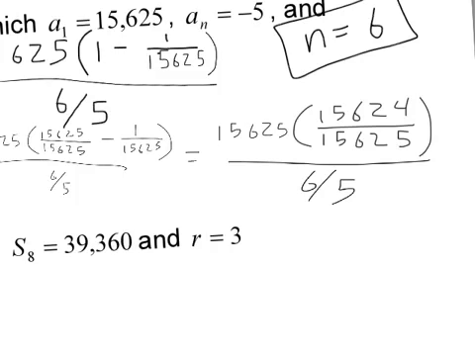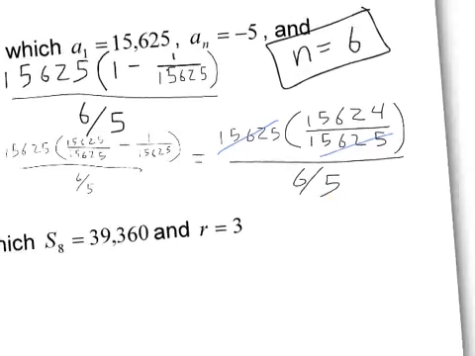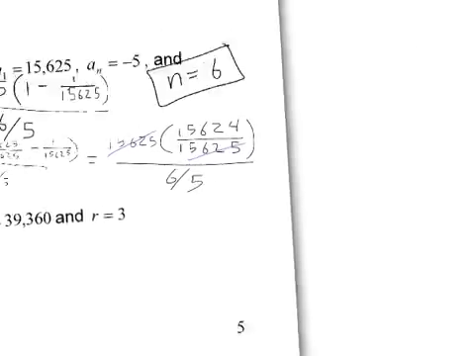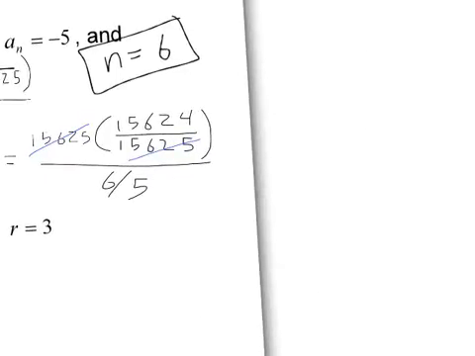Okay, well look, these guys just cancel out. And we have 15624 divided by 6/5. Well, anytime you have a number divided by a fraction, it's the same thing as multiplying by the reciprocal. So we're going to go off to the side here, run out of room. It's a long problem. Should have given us more room in this. It's just like 15624 times 5/6.